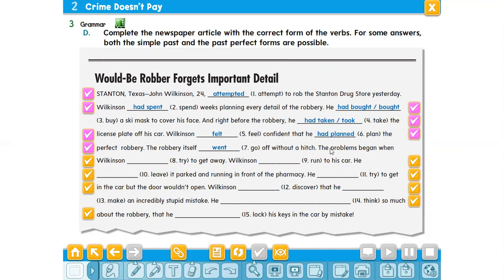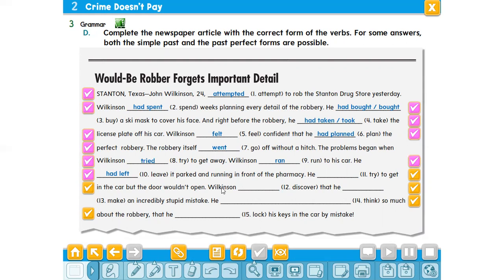Where is the problem? The problems began when Wilkinson tried to get away. Try will be tried. Wilkinson ran to his car. Ran to his car. He had left it parked and running in front of the pharmacy. Leave will be had left, past perfect.